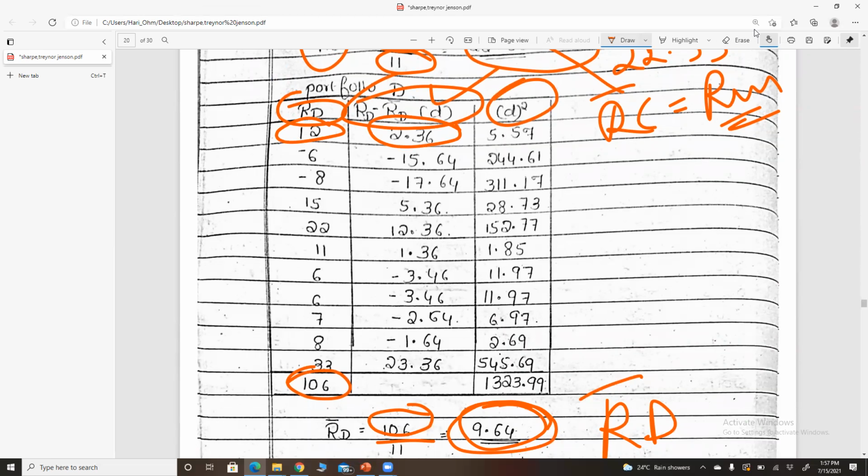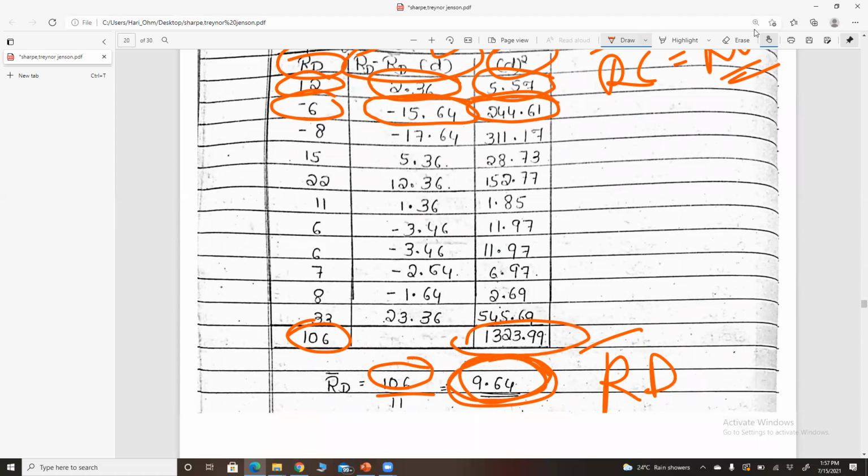2.36 into 2.36, that is 5.57. Clear? So minus 6 minus 9.64, the answer is minus 15.64. Minus 15.64 into minus 15.64, the answer is 244.61. Like that you calculate, and the total is 1323.99.